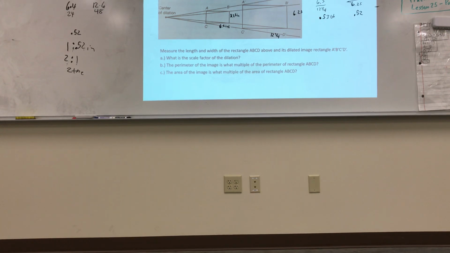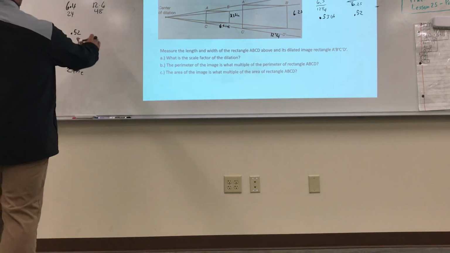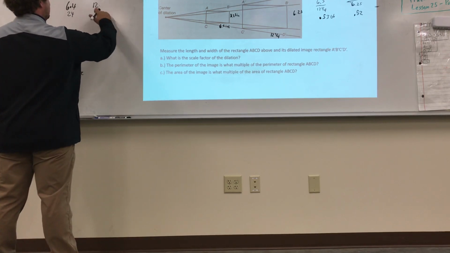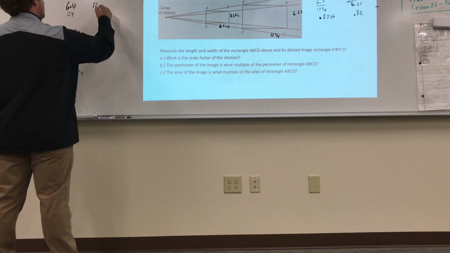Your scale factor is the same thing that I got, about 2, which makes the perimeter 2 times as big, which then should make your area 4 times as big. And that's what's getting me right now, and I don't know if it's because of my measurements, but this should have been double as big, so your scale factor means it should be double as big.